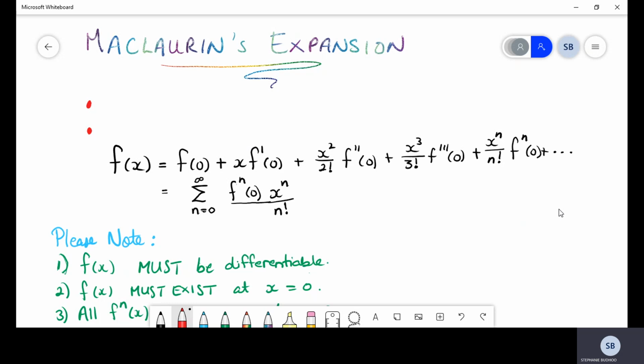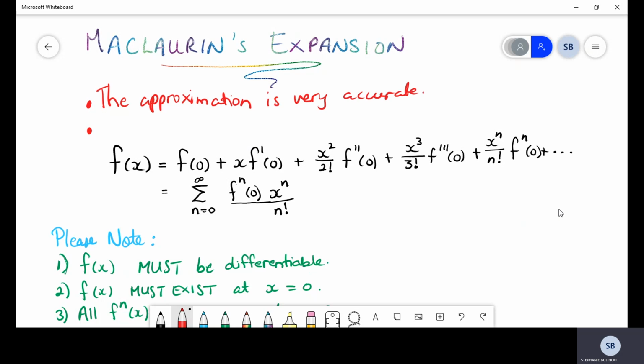Now, 2 points to note before we even begin that I want you guys to always remember about Maclaurins is that the approximation, so I'll put that point right here, using this expansion, your approximation is going to be very accurate. That's 1 point to note.